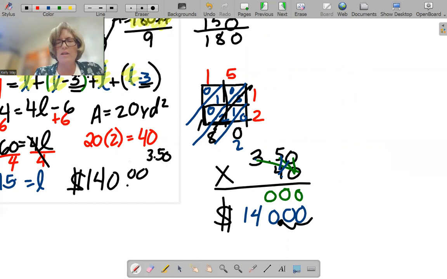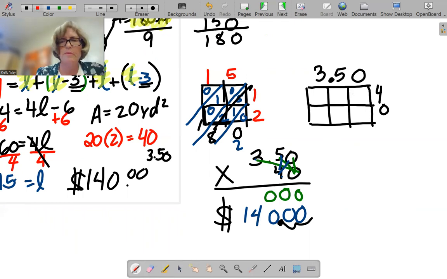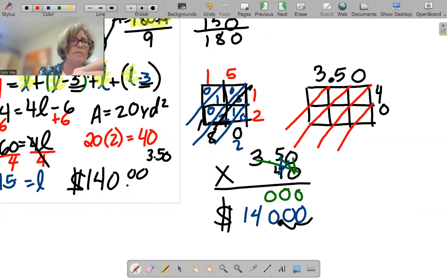If you want to see that in lattice, I've got a 3 by 2. Got 350. Decimal right there. This is 40. 4 times 0, 4 times 5, 4 times 3, 12.